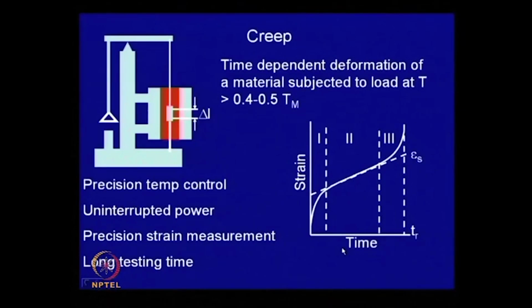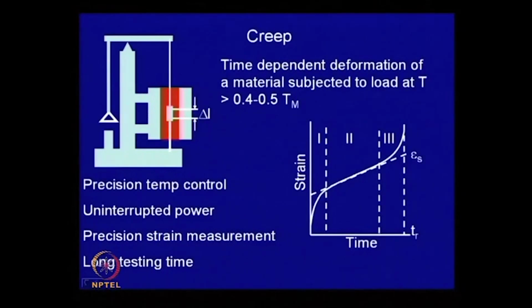Now, let us look at the creep property. A material's strength is a function of temperature. If a material is subjected to load at a high temperature, even if the load is much lower than the yield load, it continues to deform.